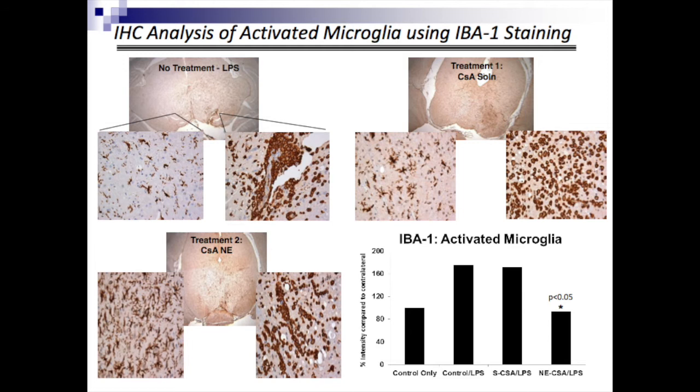So these are just 3 different sections from these animals, but we can quantify it using 10 different sections and collect the percent intensity and compare it to the contralateral side, which is not injected with LPS, as a control. That percent change is significantly different with the nano-emulsion treatment with cyclosporine compared to any of the other formulations, both the solution formulation of cyclosporine and, more importantly, the control LPS-treated.